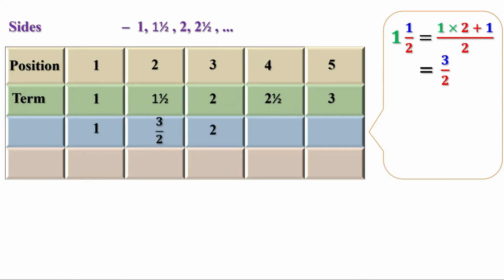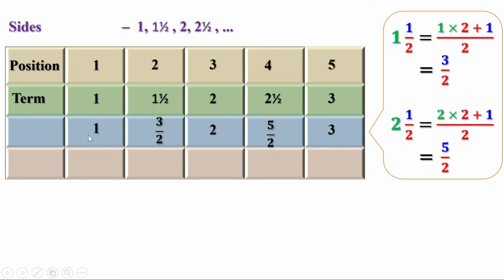Now 2, and how can we write 2.5? 2 into 2 plus 1 by 2 or 5 by 2, and then 3. So here we can see natural numbers and fractions. More clearly, fractions with denominator 2, 3 by 2, 5 by 2.